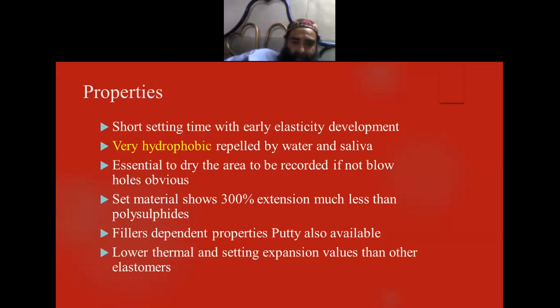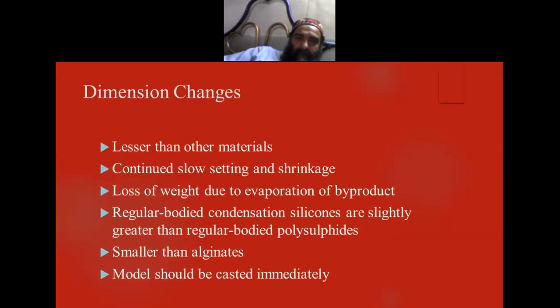Lower thermal and setting expansion values than other elastomers. It has low thermal and setting expansion values than other elastomers. Lesser than other materials are their dimensional changes. Continued slow setting and shrinkage occurs.